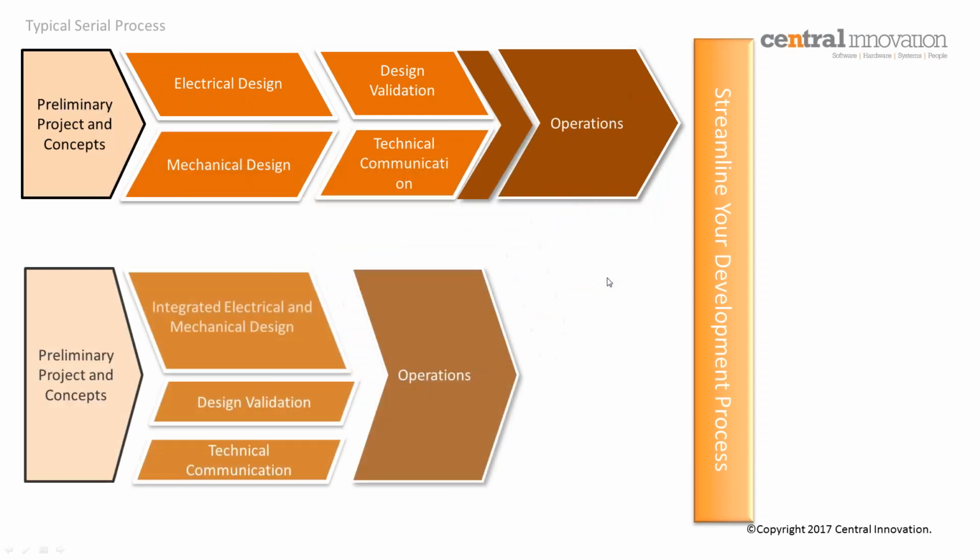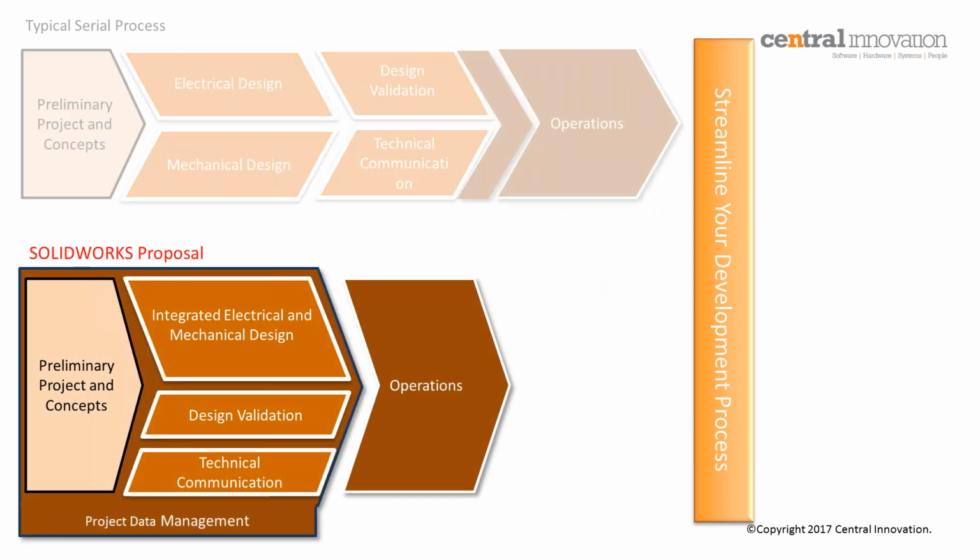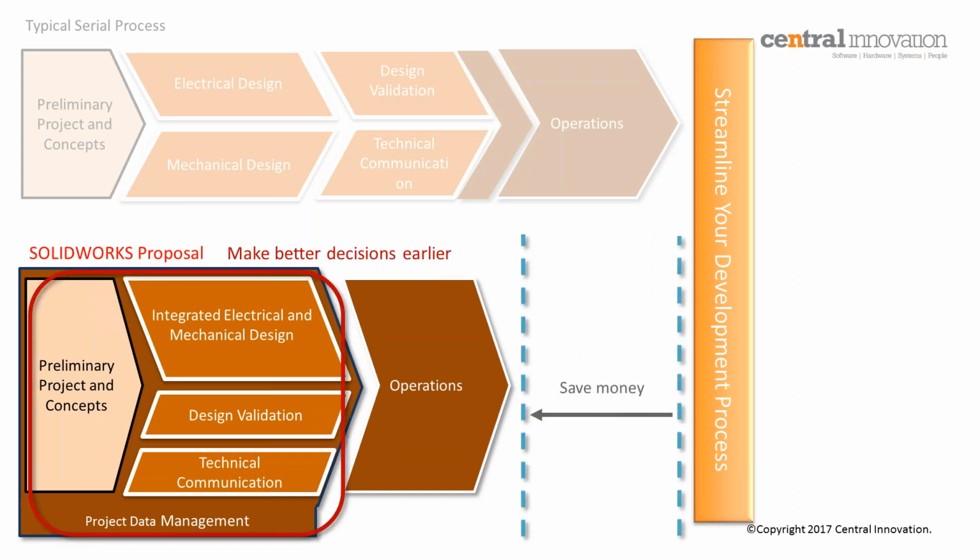Now, in what we have proposed in SOLIDWORKS, we can have the concept and do the design, either mechanical or electrical, and do the design validation, technical communication, and also project data management at the same time. So all of these modules are communicating directly and instantaneously together, and that's where we're saving time and money. So it's make much more sense now why we need SOLIDWORKS simulation.